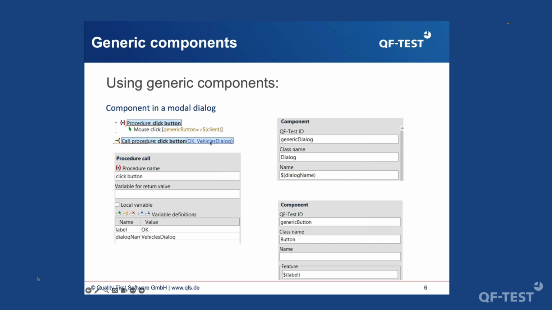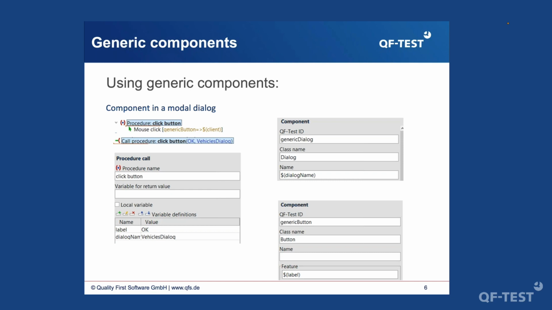In this case, for example, if you have a button and the button is inside some kind of dialog, you additionally would need to create some generic dialog and also there make one parameter dynamic using QFTest variable syntax, put in here a dialog name, and then you pass this dialog name, for example, vehicles dialog, also as a parameter to this procedure to tell QFTest, please click the OK button in this specific dialog.